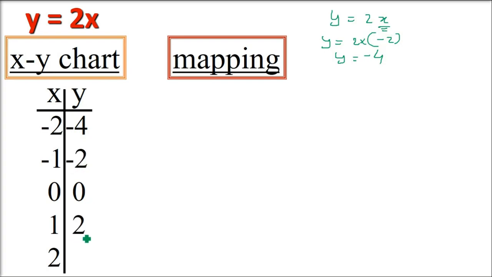You put 0, you get 0. You put 1, you get 2. You put 2, you get 4. So you can also write it as ordered pairs: (-2, -4), (-1, -2), like this till you get (2, 4). This is the relation.